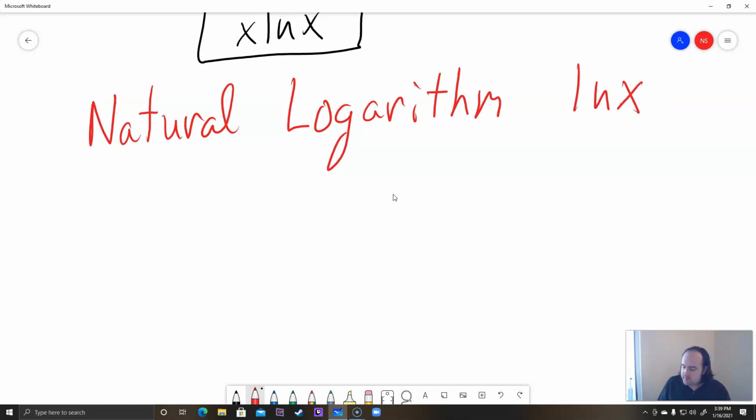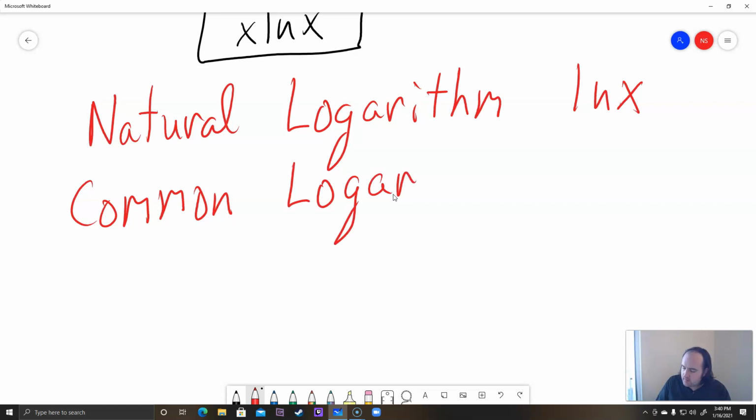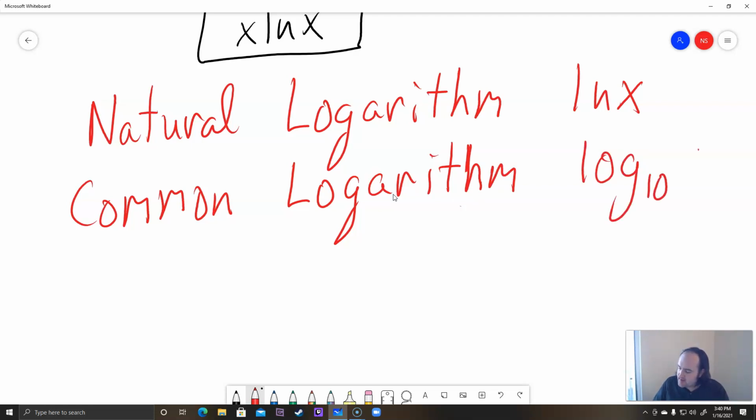And then you've got a common logarithm. Some people don't know about this one, but when they say common logarithm, that's actually written as log base 10 of x, except they don't write the actual 10.